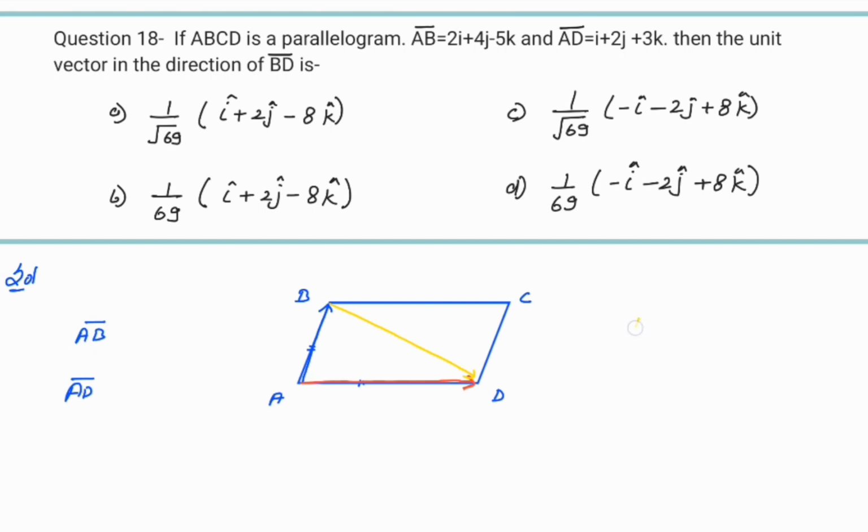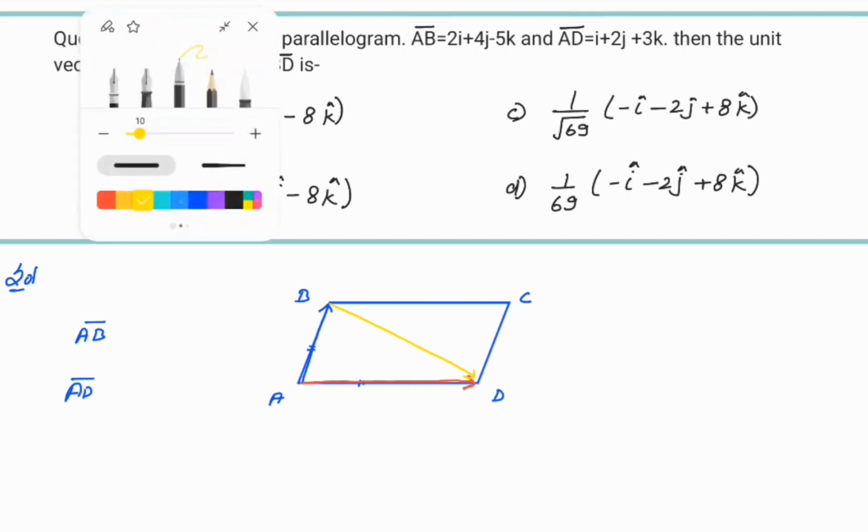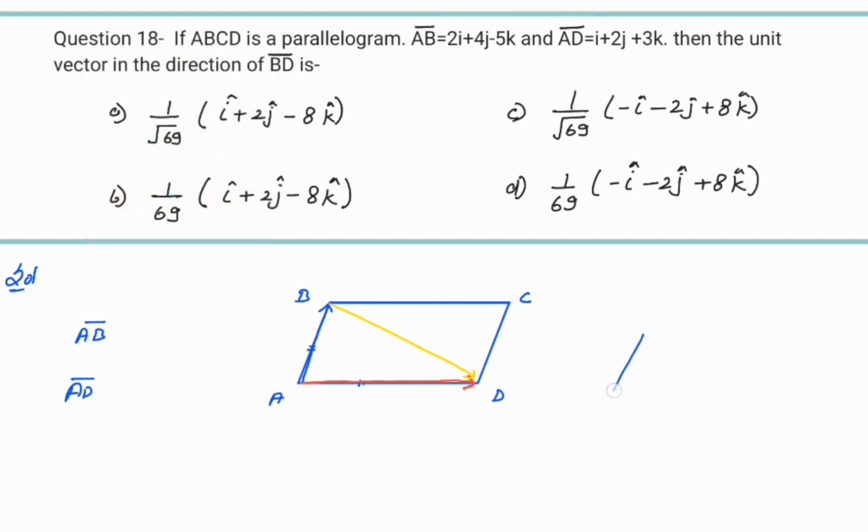Okay. I am drawing this separately. This is vector AB. Okay. And this is vector AD. And it is asked to calculate vector BD.